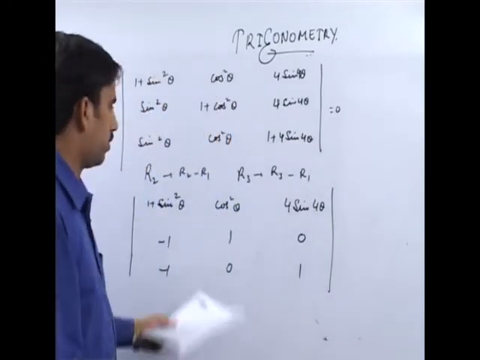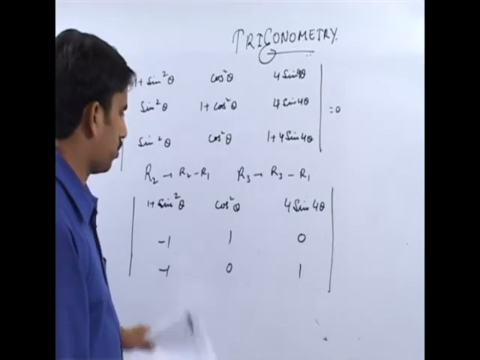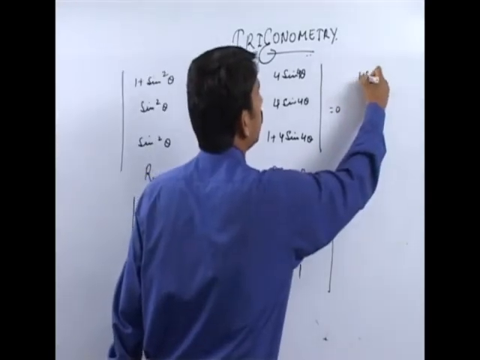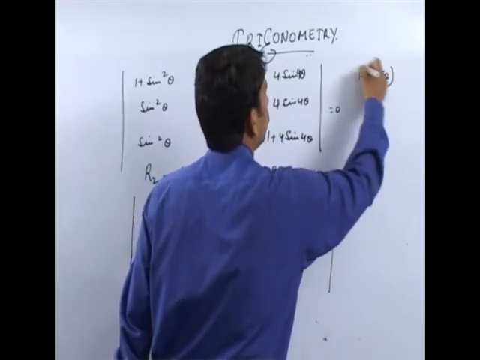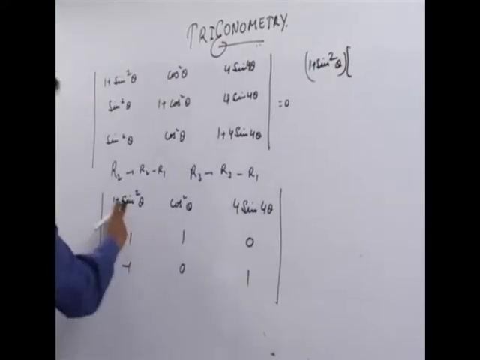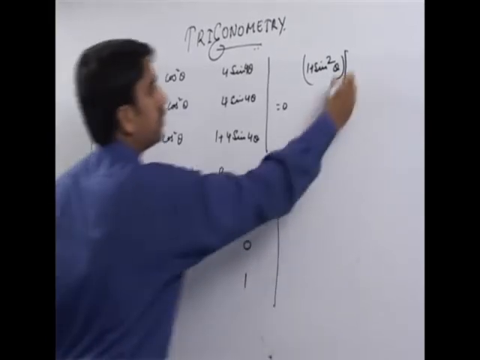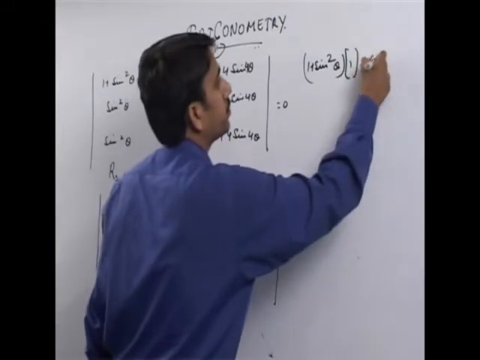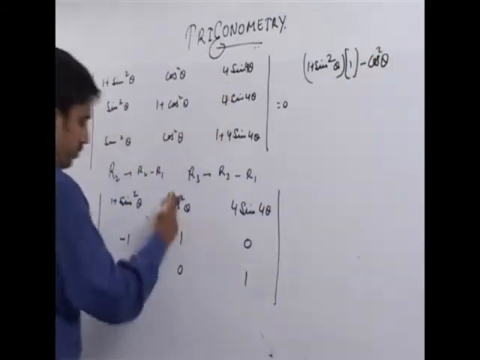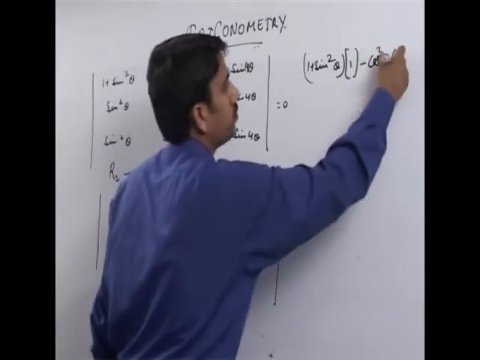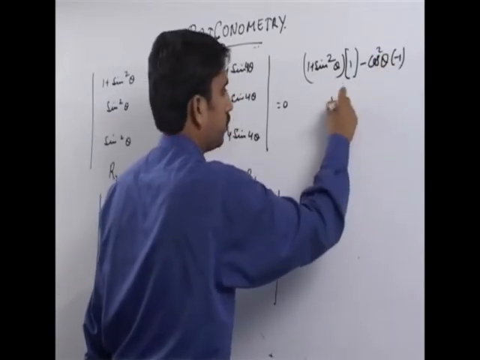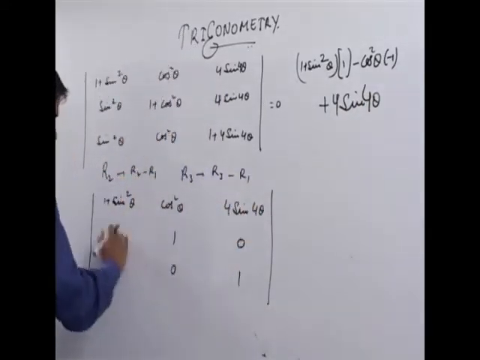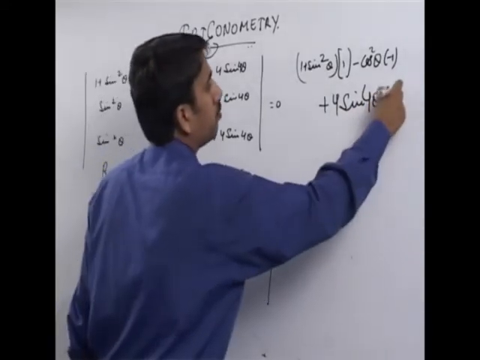So either you can operate here once more, or you can find the value directly: 1 plus sine square theta into 1, minus cos square theta into minus 1, plus 4 sine 4 theta into minus 1 is again plus 1.